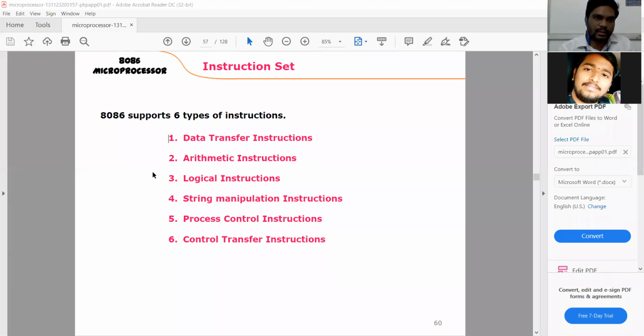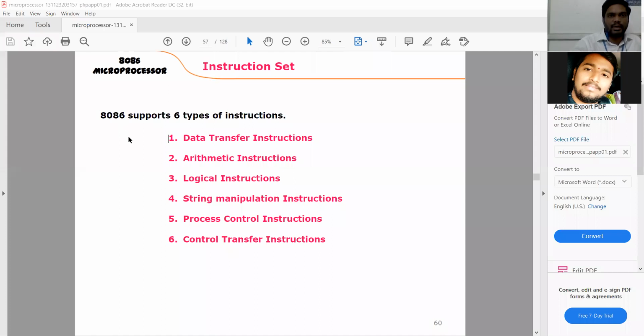So in the last class, we just went through the classification of the different types of instructions in the instruction set of 8086 microprocessor. The slide shown to you gives the classification of instructions. The instruction set of 8086 microprocessor has 6 types of instructions.